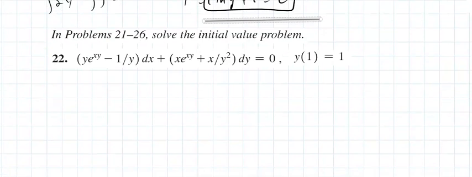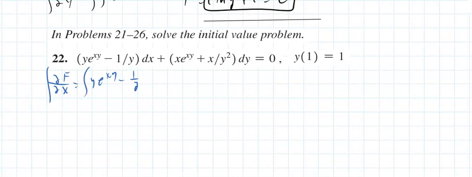Now, what if they give us initial conditions? The same idea here. They say solve the initial value problem, and those are exact. You could check if you wish, but they are. So, the partial of f with respect to x is y e to the xy minus 1 over y. And if I integrate, I'm doing a partial derivative with respect to x, so y is a constant. F would be e to the xy divided by the constant, which is y.